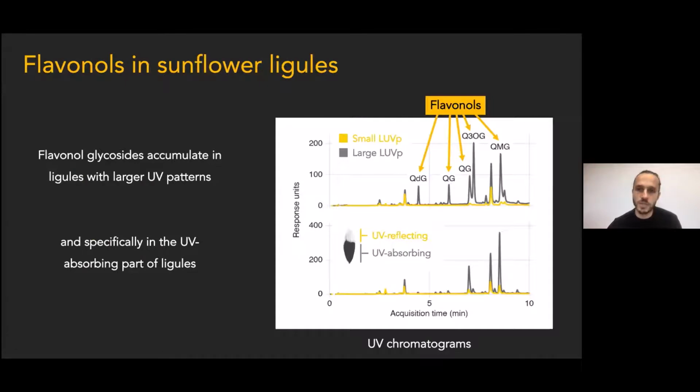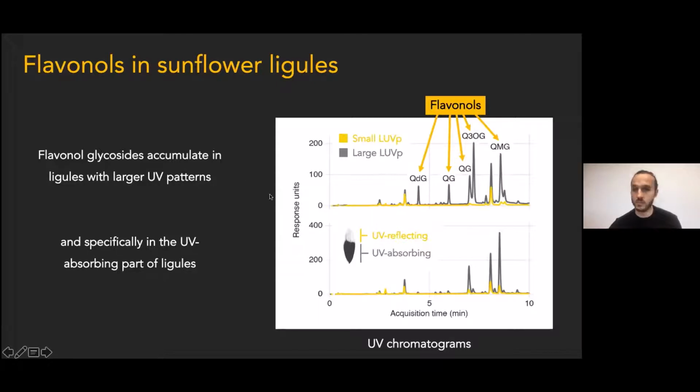And indeed, when we checked sunflower petals, we found that in petals that are highly UV absorbent, so they have these large UV patterns, you have accumulation, this line in gray in the upper plot, of a lot of conjugates of quercetin, which are flavonols. If you instead check petals that have just a tiny portion that is UV absorbent, you have much lower levels of accumulation of these flavonols.